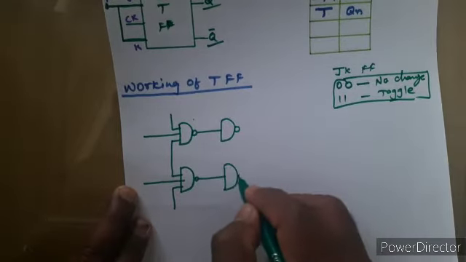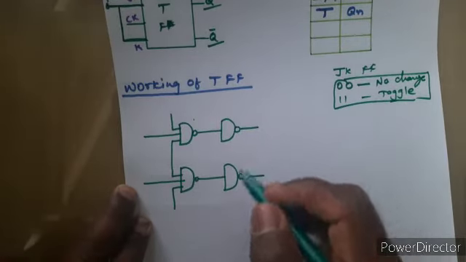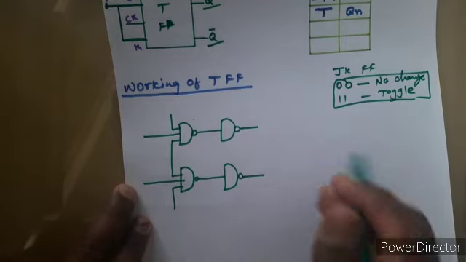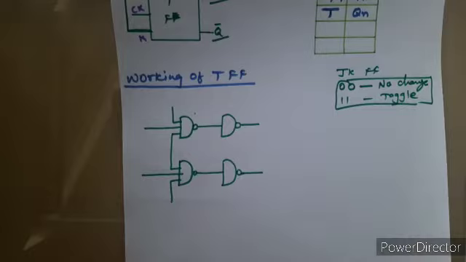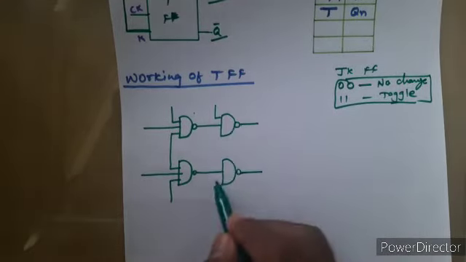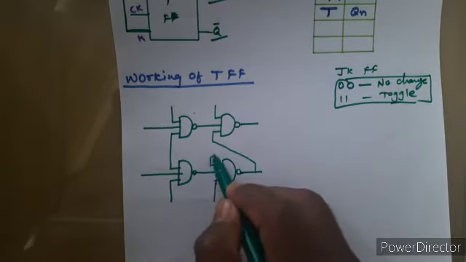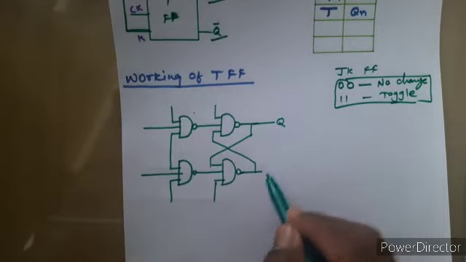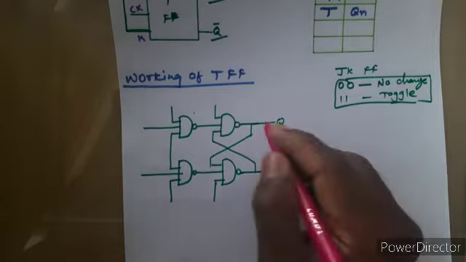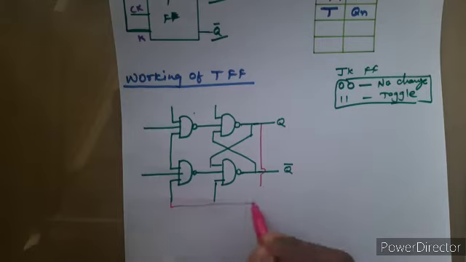Why I am drawing this circuit diagram is just to have practice. Drawing this will increase your practice, and you'll not feel that this circuit is complicated. It is a very easy circuit to draw. So this is Q, this is Q bar. Now since it is JK, we need to have a feedback here.